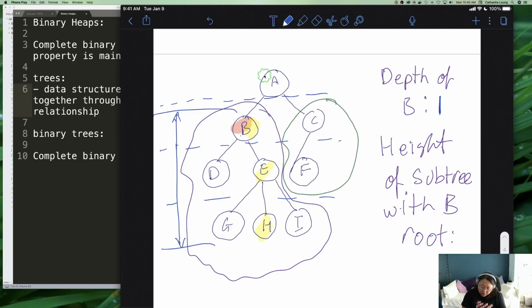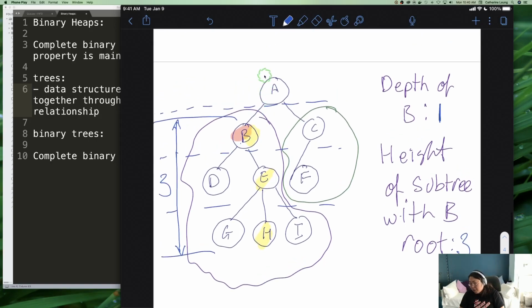So the height of the entire subtree is 3. This is a really important concept and a really important difference: the depth of a node versus the height of a tree whose root is a certain node. You count them different ways, so make sure you don't get the two mixed up because they have very different meanings. Okay, so that, in a nutshell, is what trees are.